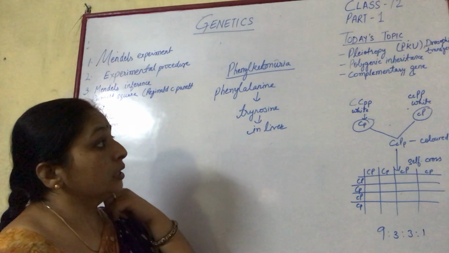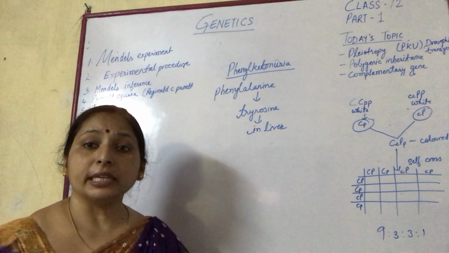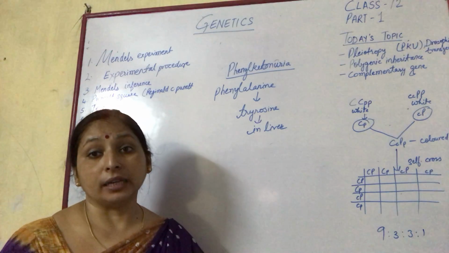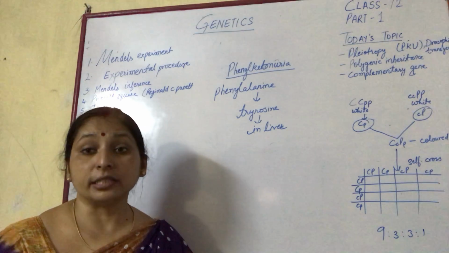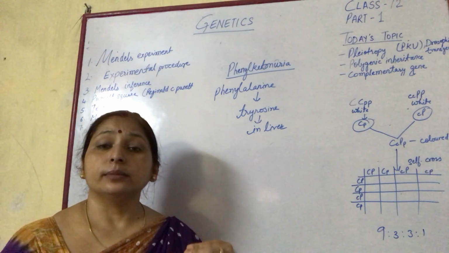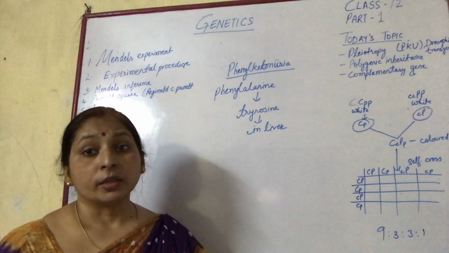And one more example is Drosophila. In the case of Drosophila, the gene responsible for white eye gives various depigmentation in the body parts.